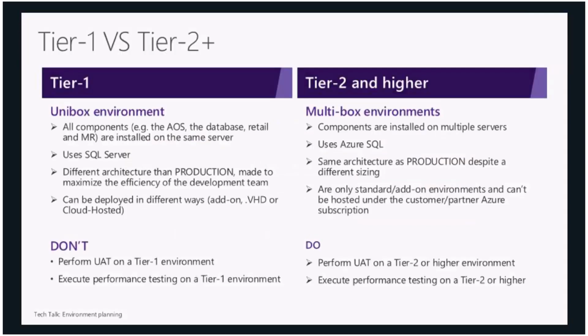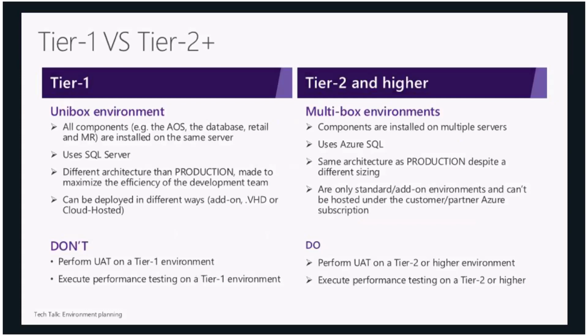A quick word about the Tier 1 and the Tier 2 or higher environments. One thing we want you to understand is that the Tier 1 environment has a different architecture than the Tier 2 and the higher environments. Tier 1 environments are unibox.